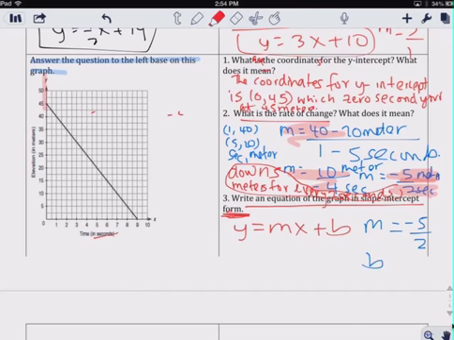You go down, you hit your y-intercept right there. b is 45. So you have y equals -5/2x plus 45.